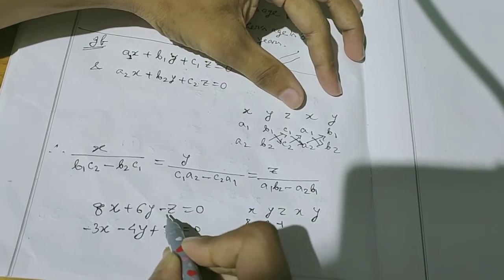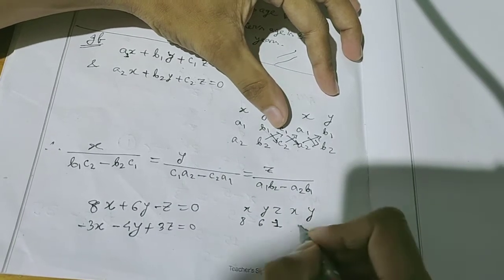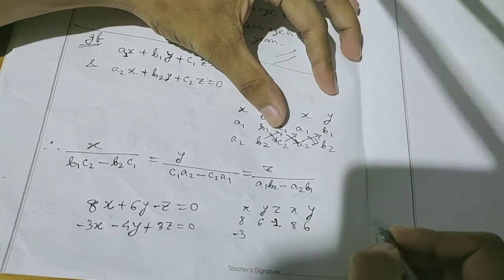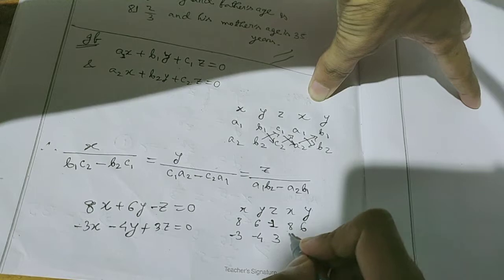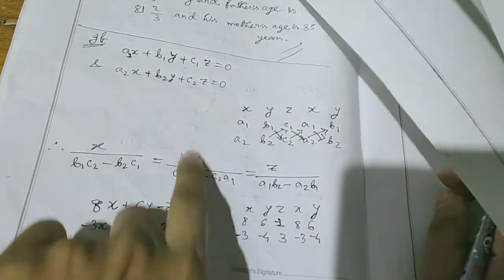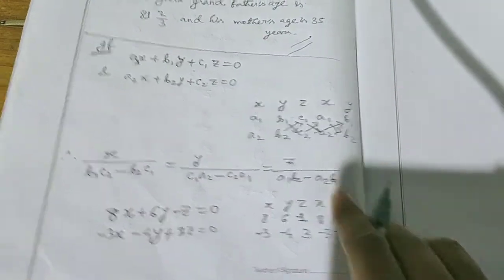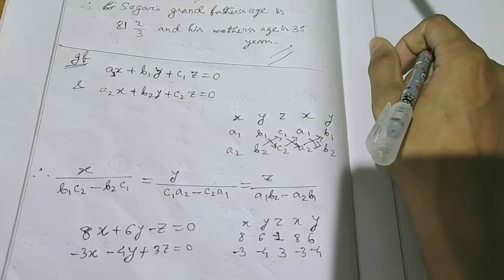There is nothing with z, this is the minus, so it is minus 1. Then 8 6, and in here minus 3 minus 4 3, minus 3 minus 4. So then we will do the cross multiplication like this, and we will get the solution. So this is how I did the previous solutions in the previous video.